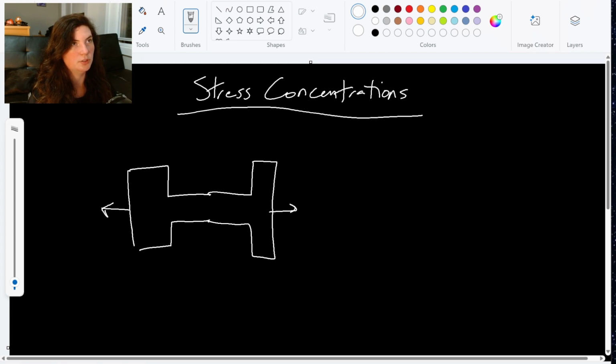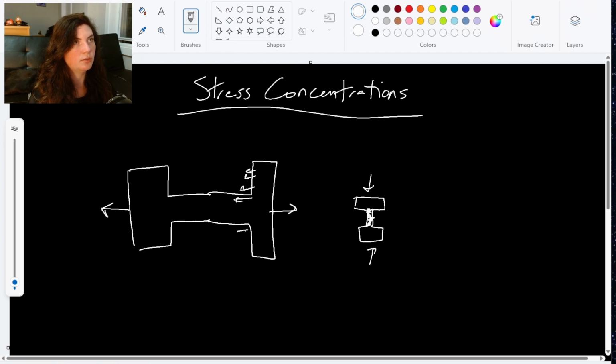Let's say you were to set the dumbbell on its side and then sit on top of it for some reason. Right? You would have this stress concentration in the handle of the dumbbell here. Where you have this change in area, you have this changing stress.